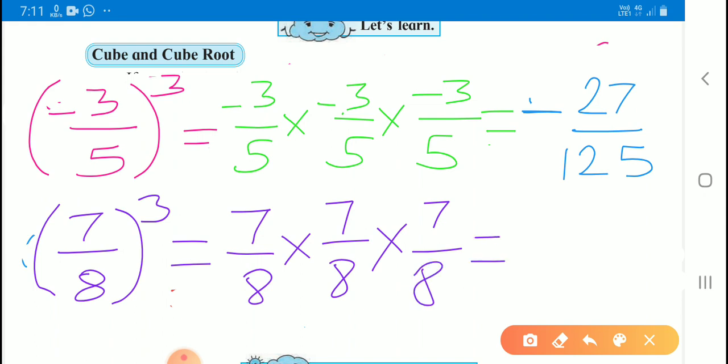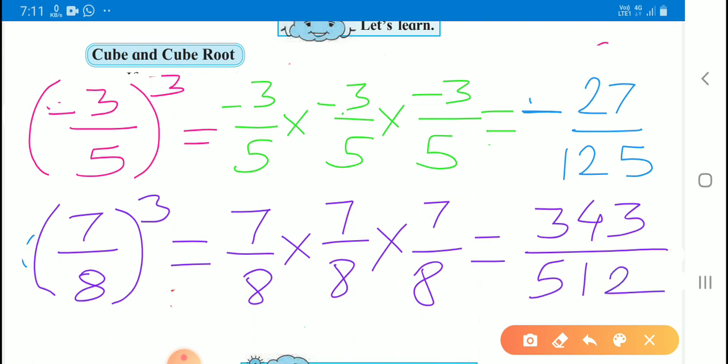All three numbers are positive, so your answer will contain a positive sign only. Now what is the cube of 7? It is 343, and the cube of 8 is 512. Like this, when you don't know, then 7 sevens are 49, 49 sevens are 343, 8 eights are 64, 64 eights are 512. Like this way you have to solve the examples.